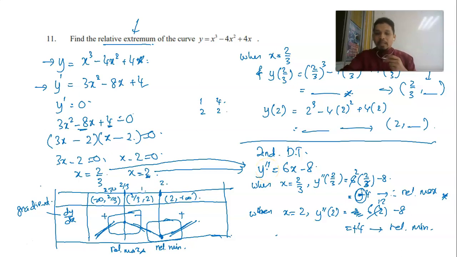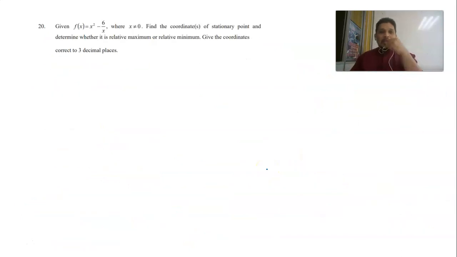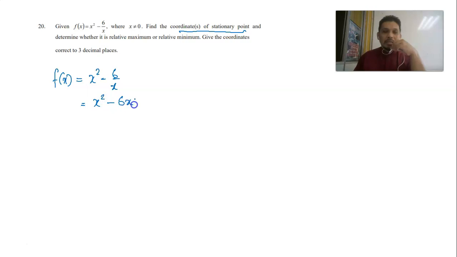Okay, next question. Given the function where x cannot be equal to 0, find the coordinates of the stationary point and determine whether it is a relative maximum or minimum. Now, f(x) equal to x squared minus 6 over x. Let's make this x squared minus 6x to the power of negative 1.